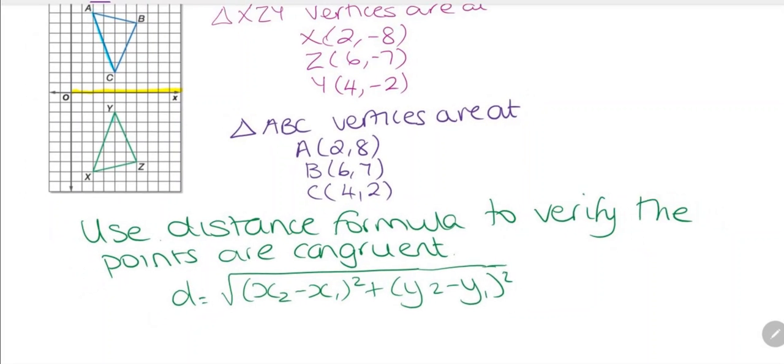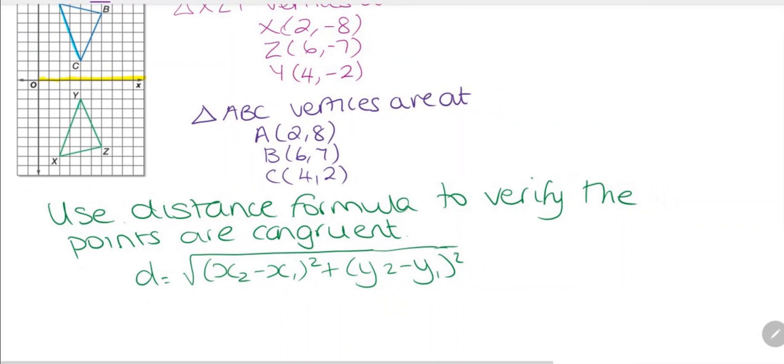So we need to put our values into the formula. We call this x2 and y2, and this will be our x1 and y1. So we're going to use two values at a time.